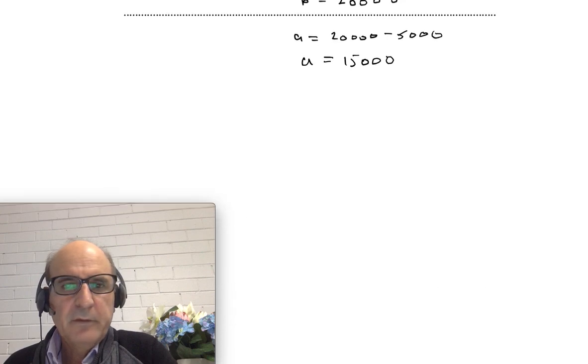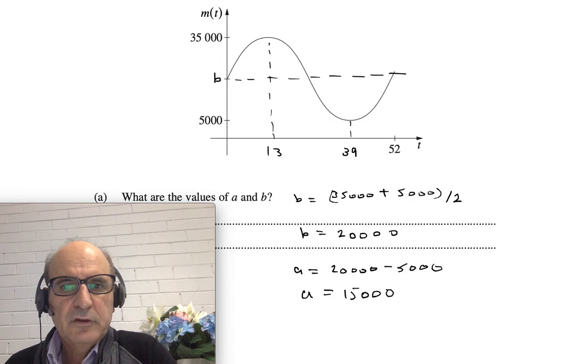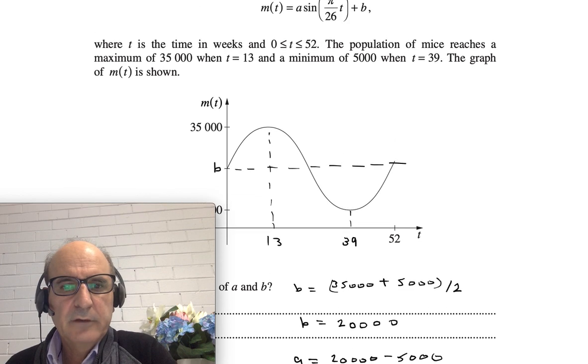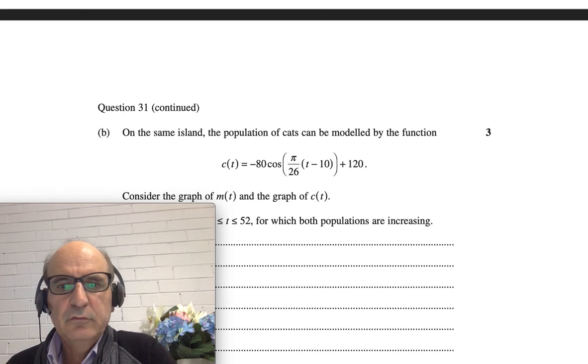From the previous part, we got to see between which values the population of mice is increasing. You can see it is from 0 to 13 and from 39 to 52.